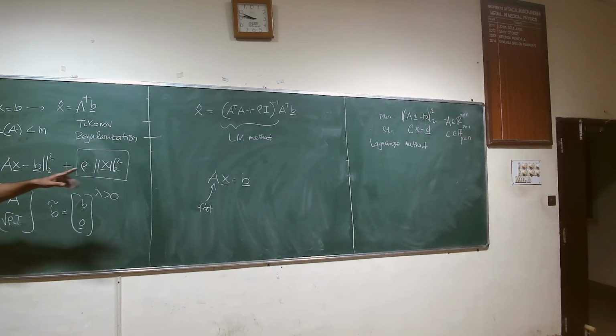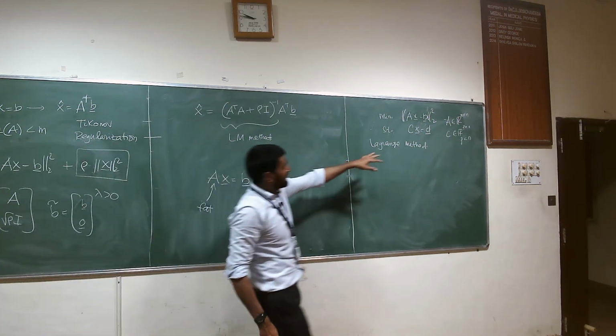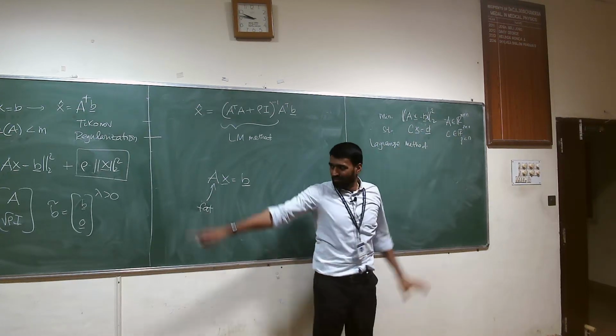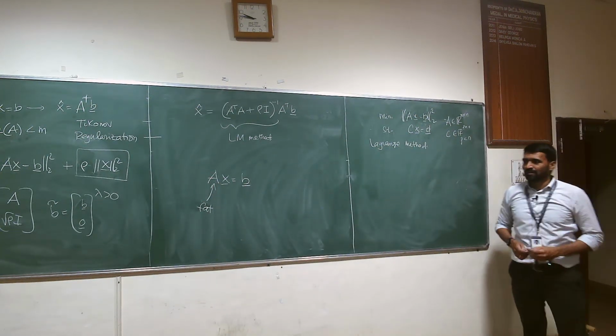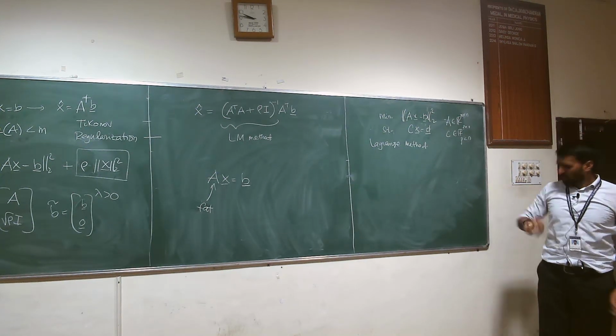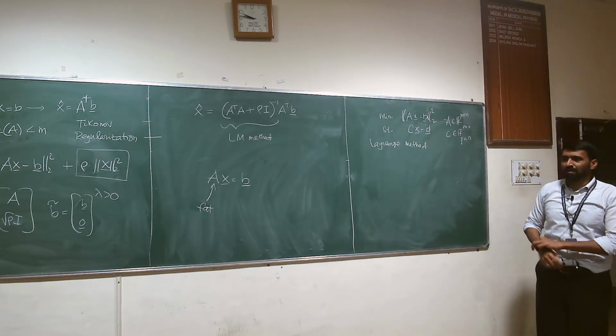If you simply take the gradient of f of x, gradient of h of x, and you equate it to 0, you'll essentially arrive at that. Okay, that's all I wanted to say.